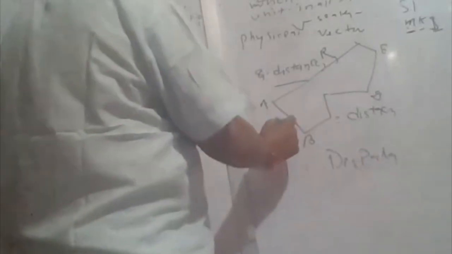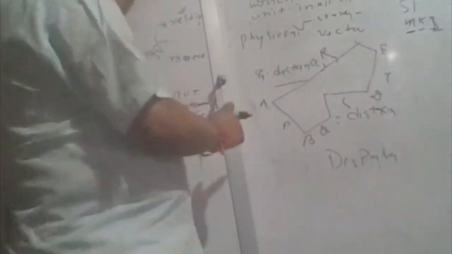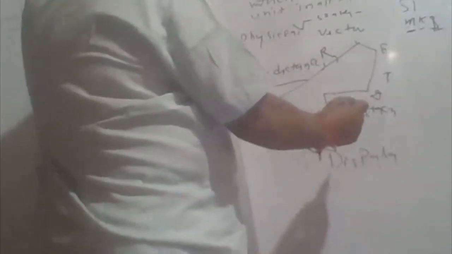Suppose these are the paths P, Q, S and T. Whatever he travels, the total distance is P plus Q plus S plus T. This is the distance he has traveled, but there is no direction at all.